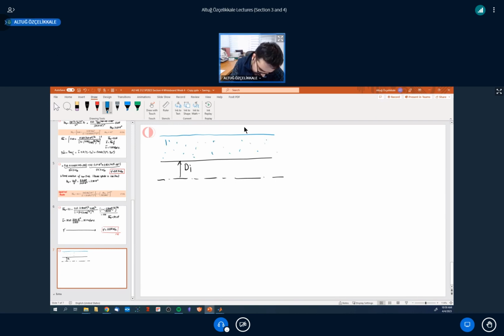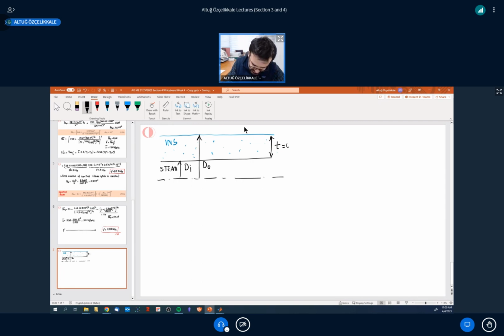Yes, insulation. Fine. And therefore, that's the outer diameter that depends on the thickness of the insulation that is provided.